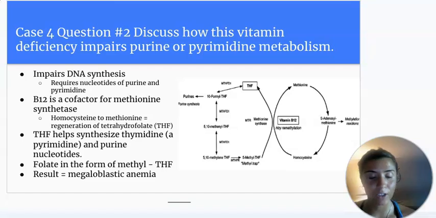THF is a key factor in the synthesis of thymidine, a pyrimidine, and purine nucleotides. In a B12 deficiency, folate is trapped in the form of methyl THF. This leads to ineffective DNA synthesis. This ultimately results in the megaloblastic anemia that is present in patients with a B12 deficiency.